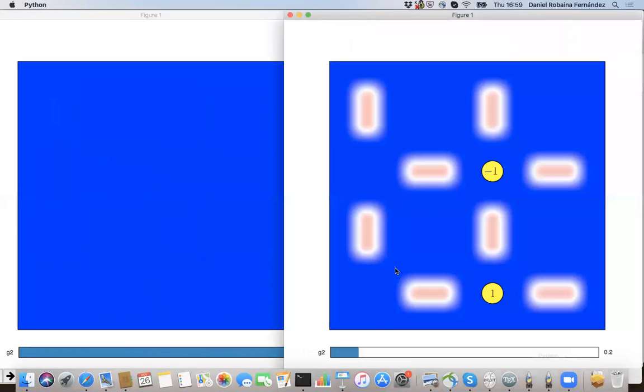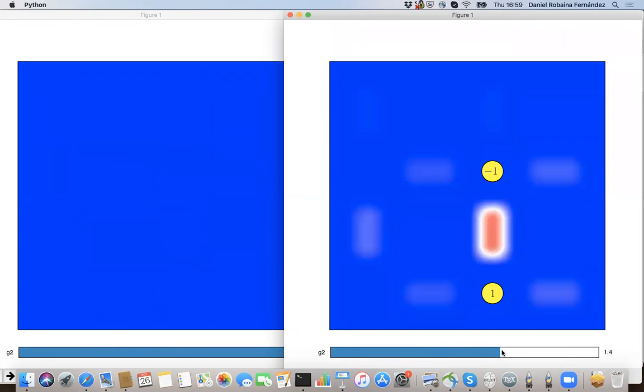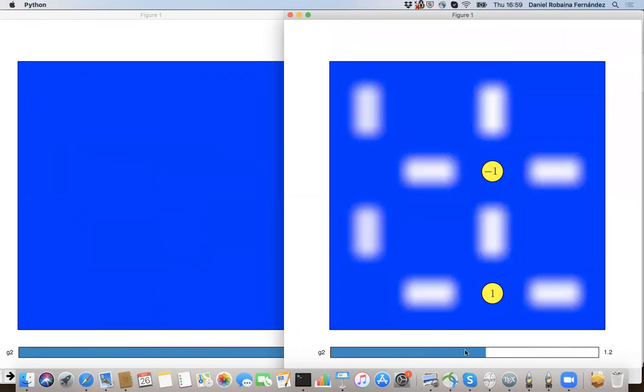And if I do the same thing, but I first project to 1 and -1 on these static vertices, I start increasing g squared, and at some point the phase transition confines the electric field into what it should be. I don't know, maybe just to play around a little bit.